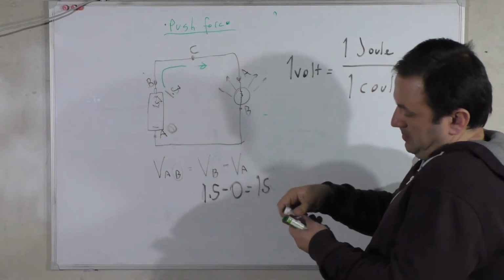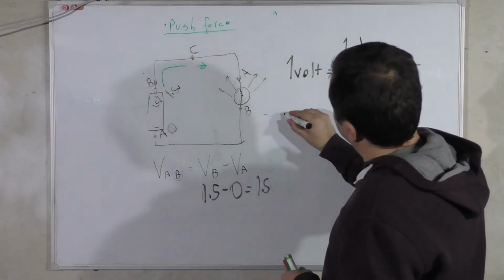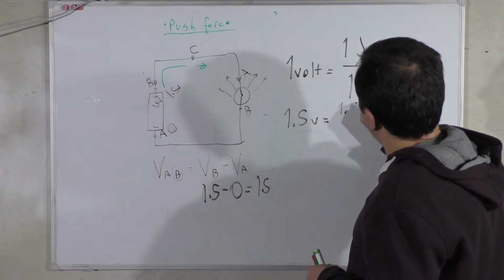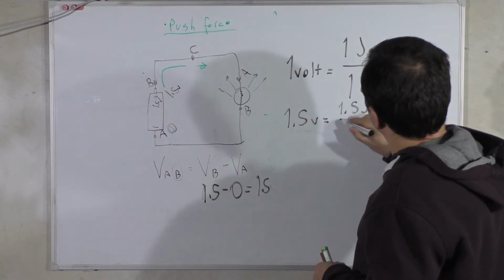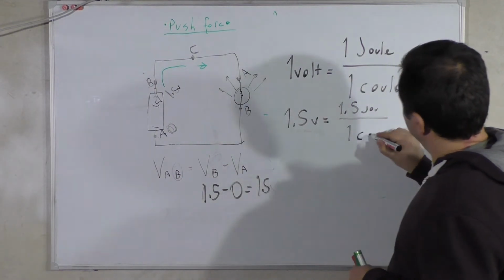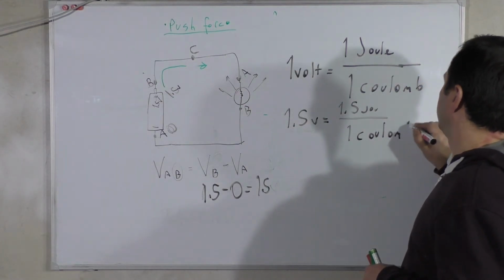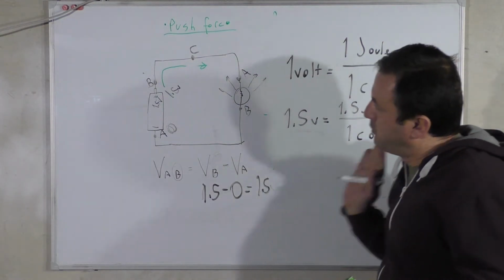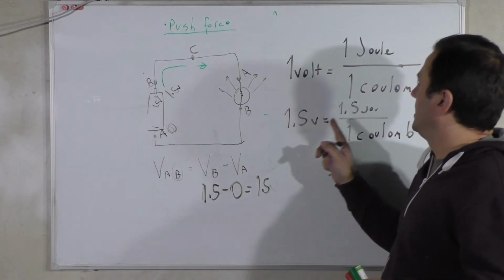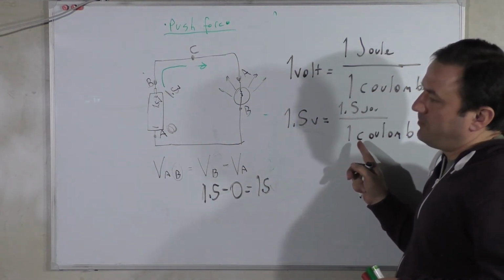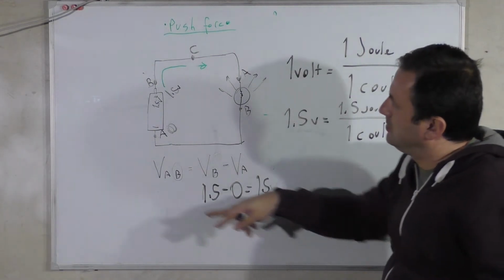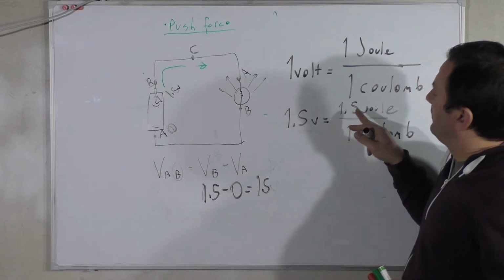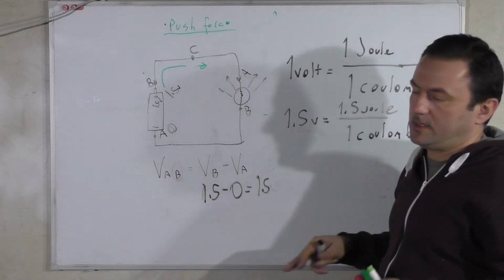Here it means we have a 1.5 volt battery, which is equal to 1.5 joule per 1 coulomb. So it's pushing 1 coulomb of charge of electrons by 1.5 joule energy.